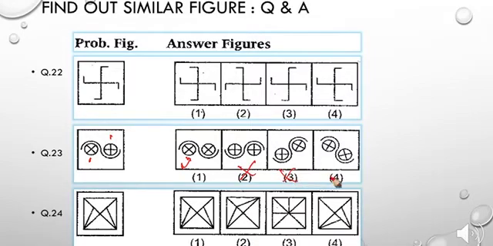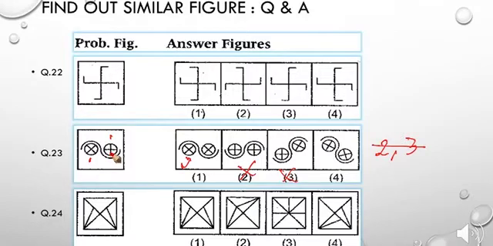Let's check in the next answer. In the next answer this shape again looks like a cross, so this could be an answer. But here what we can say is option 2 and option 3 cannot be the answer. Let's check once more.